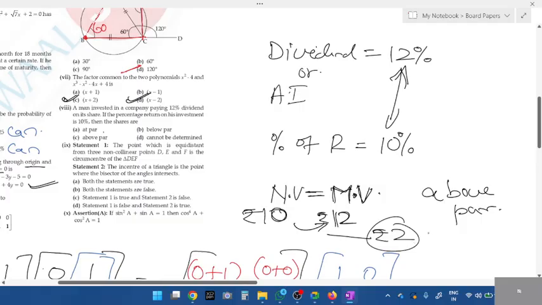Or let me take 11 rupees, every day there is a 1 rupee increase. For 1 year, what's the increase? 365. That depends on annual income return. So both are interrelated. Whenever market value is greater, your dividend also will be greater. So the answer is above par. Option C is the answer.